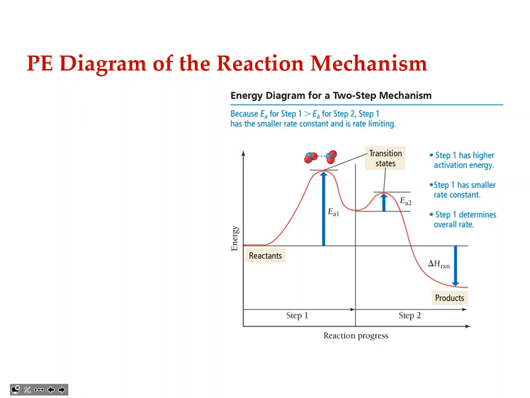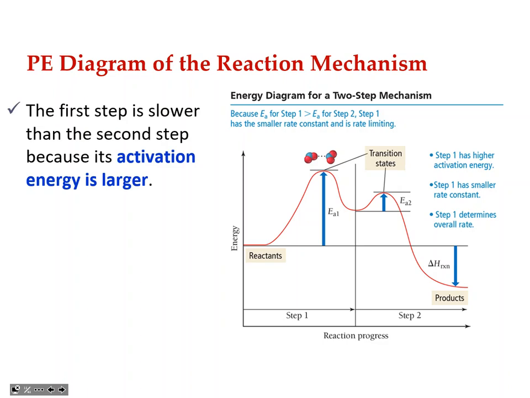Good question. All right, so let's look at a potential energy diagram where there's a two-step mechanism. We're still focusing on our previous example. As you can see, this is the NO2 reacting with the NO2 right here. You can see the little particles at the top of this graph, NO2, NO2.